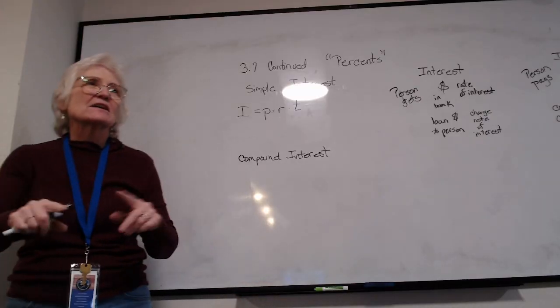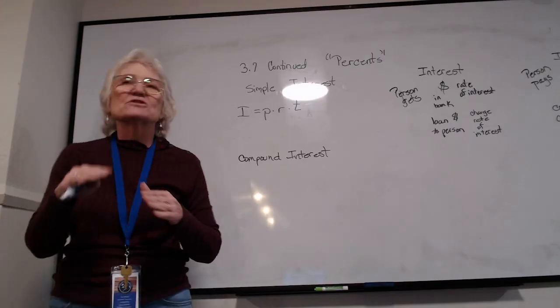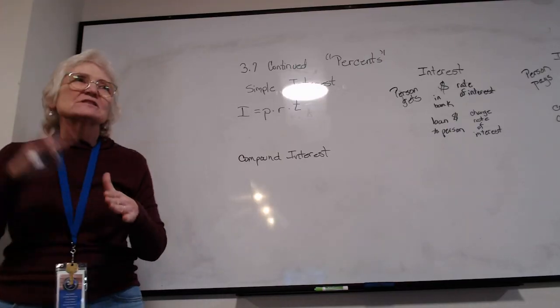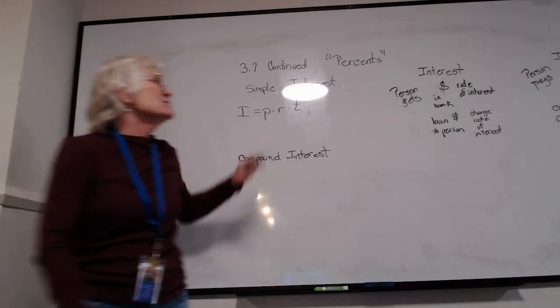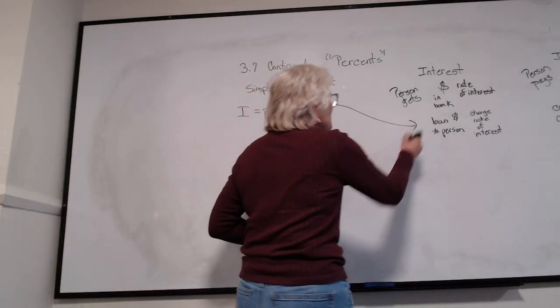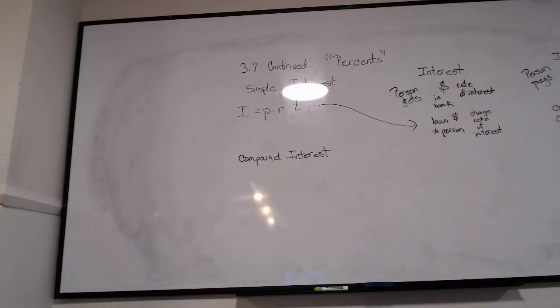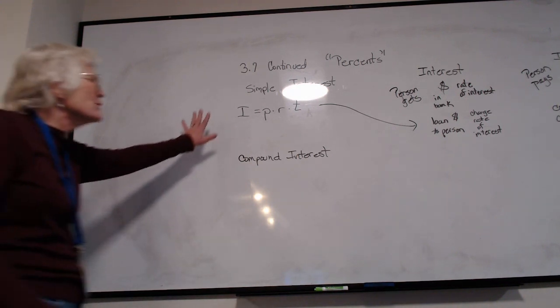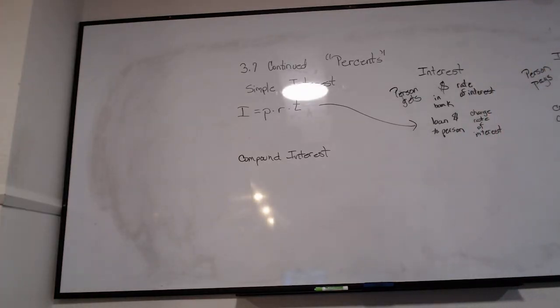And so it adds up to be a lot more interest because you start getting charged interest on the interest. Okay. Simple interest is probably what you'll do when you loan a person money, and you'll do a very simple interest on it. And so that's really where simple interest comes in, okay?